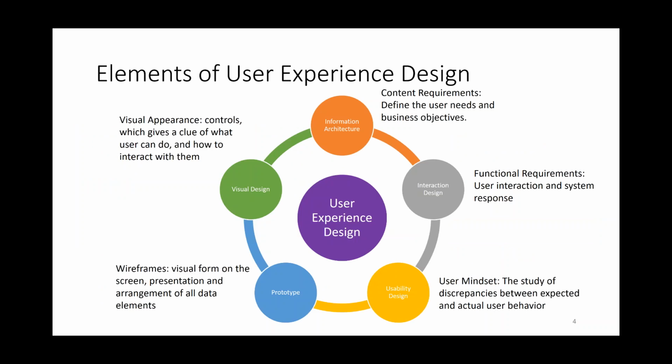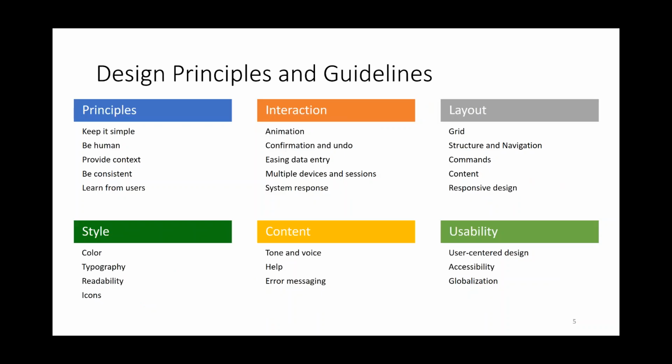So let's move on to the next step. In this slide we looked at the different user experience design elements, those five phases. Now there are some design principles and guidelines when you are working through it. In your design, try to keep it simple. When we say keep it simple, it's basically about clarity.